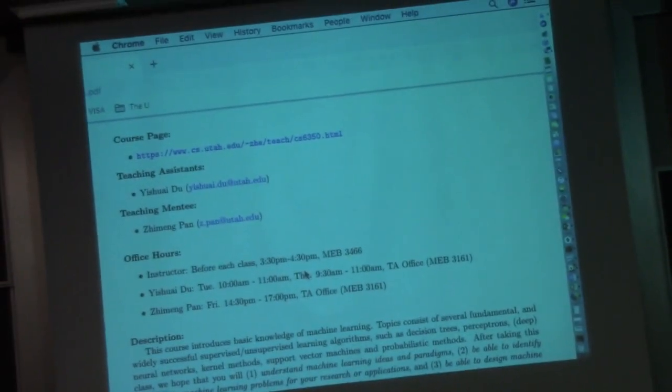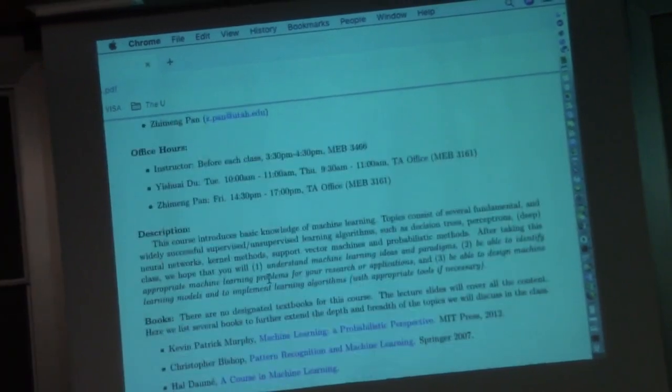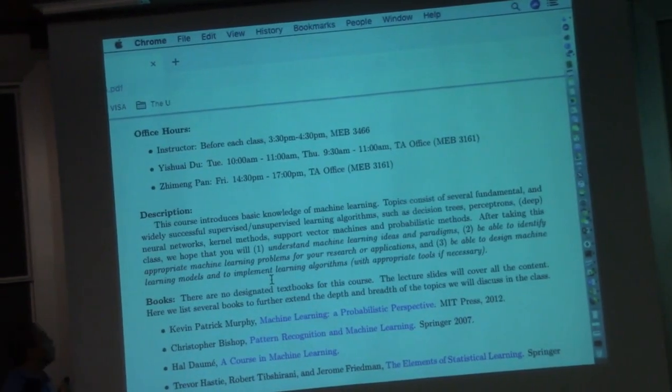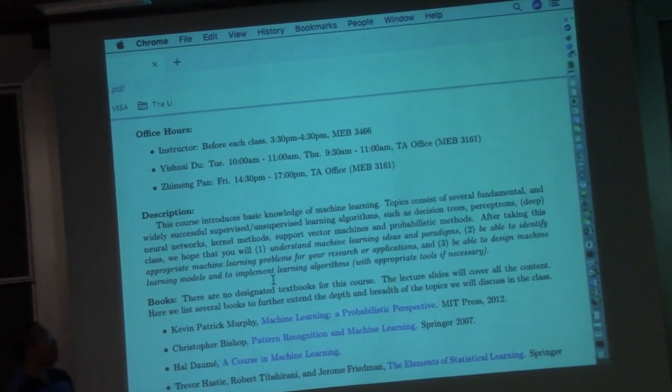So here's the schedule for office hours. For me, the instructor, my office hour is before each class, 3:30 to 4:30 in my office in the Merrill Engineering Building, abbreviated as MEB. It's just beside the Web Building. The TA, Yishuai, has office hours on Tuesday and Thursday.